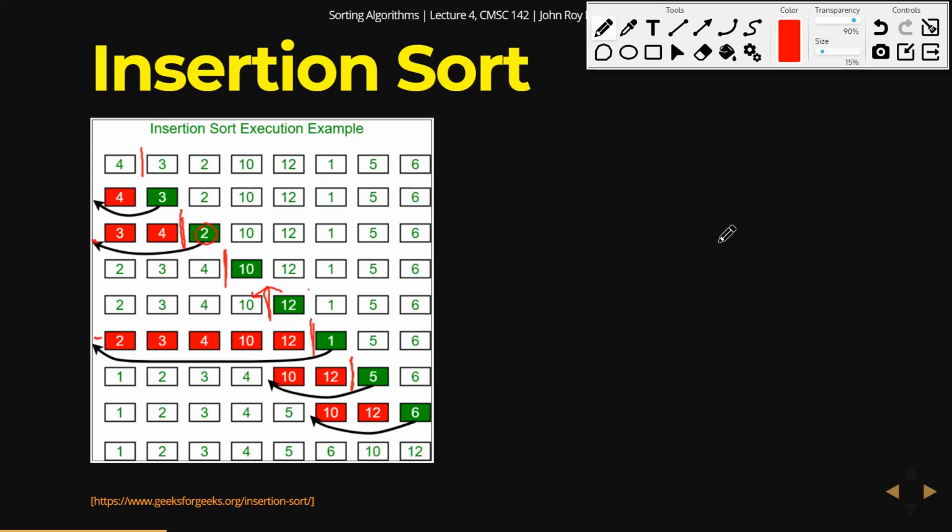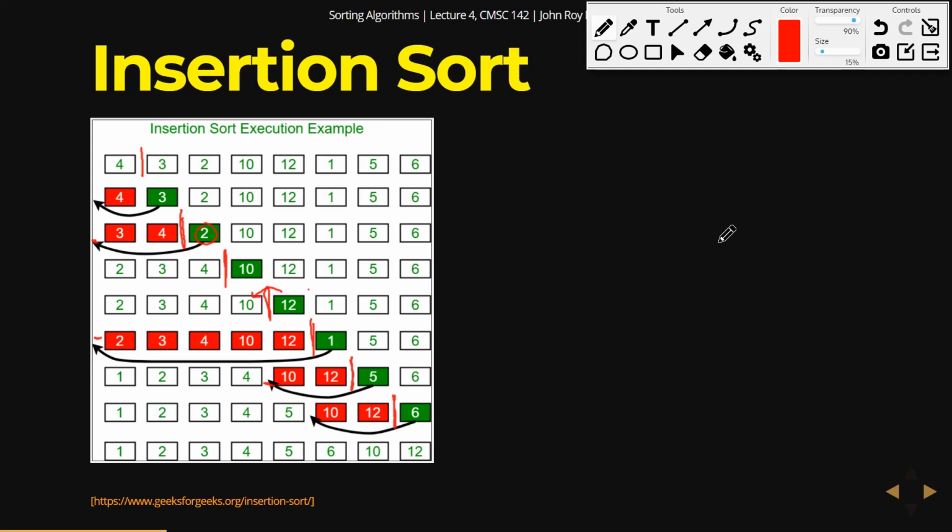Okay, and then last 2 na lang. 5, where should it be inserted? So is it less than 12? Yes. Less than 10? Yes. Is it less than 4? No. So we'll stop here. Okay, and we know that the correct position to insert 5 is after 4, which is here. So we'll swap 5 here and then move 2 items forward. So we know that everything is sorted up until here.